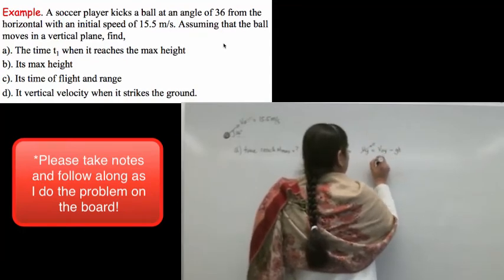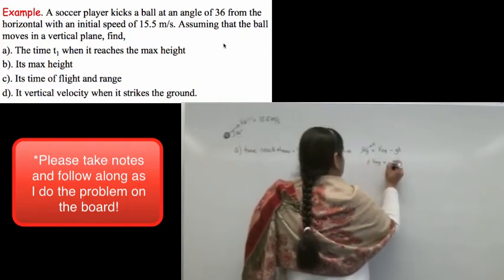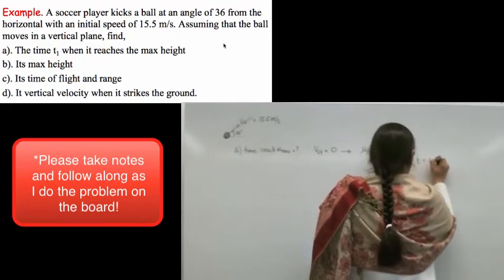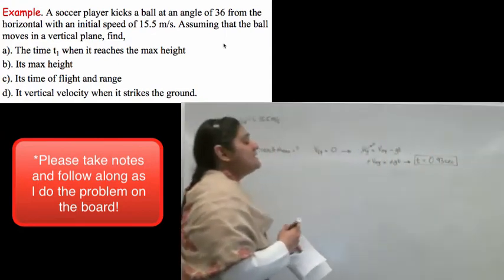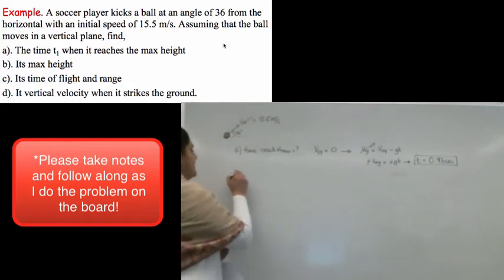So what am I left with? I'm left with minus v0y equals minus gt. This gets canceled, and here I can calculate t, which I believe is 0.93 seconds. Let me make sure that I actually did that correctly. We can go on to part B.